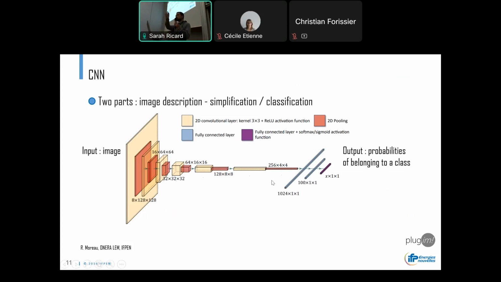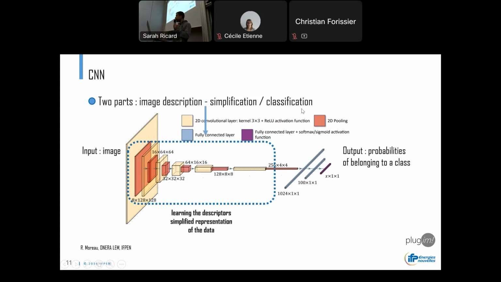A convolutional neural network is like a set of operations with convolution, and it can be divided into two parts. We have a part concerning the image description, where the operators try to describe what is contained in your image. And you have a second part with simplification and classification tasks. The first parts concern learning a description from the data.